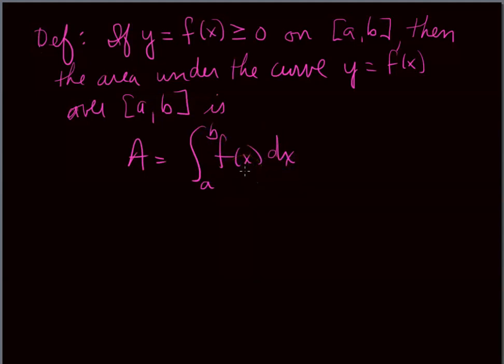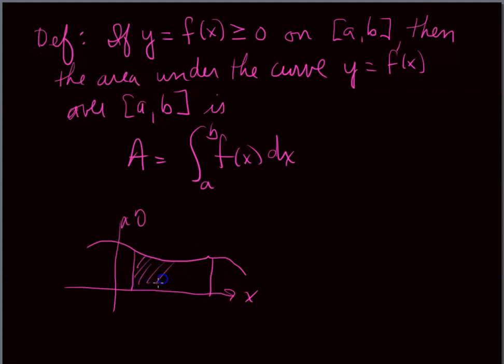It might sound like we're saying the same thing again, but this is important. If your function is above the x-axis, is what it's saying, then that definite integral is the area. What we'll find out later is if the function goes below the x-axis, it will count anything above the x-axis as positive, but it'll count anything below the x-axis as negative.